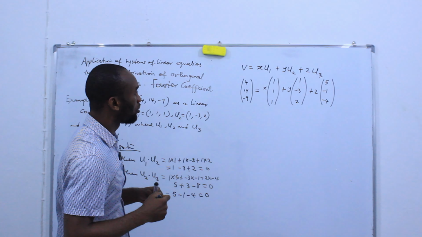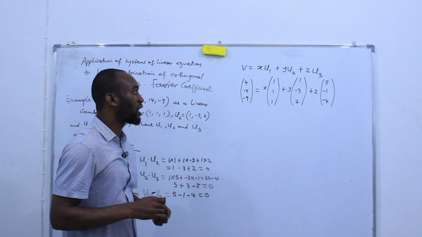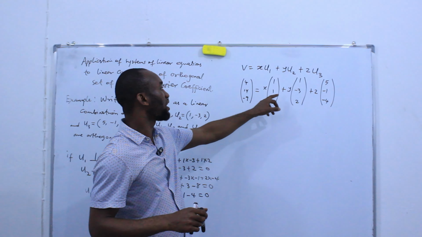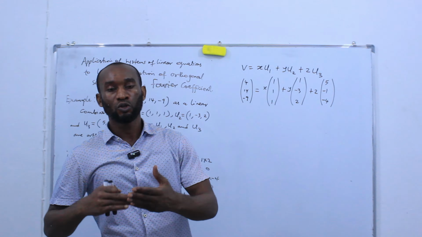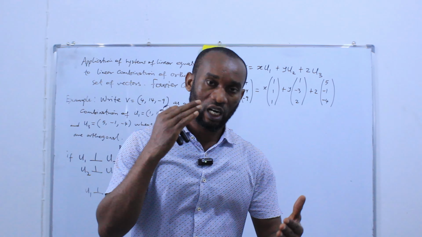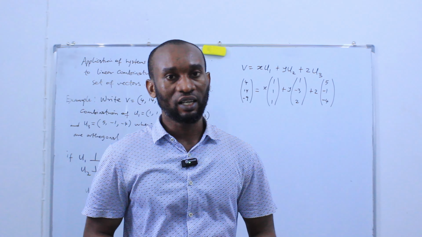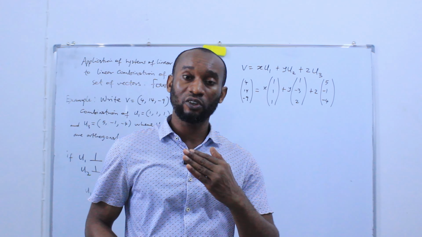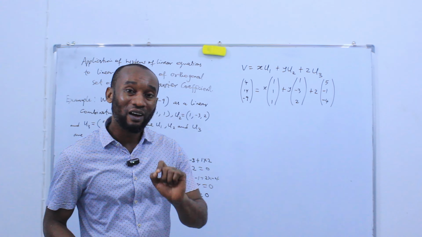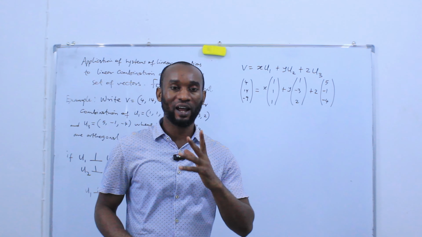Right now, our work is to find the values of x, y, z. I'm not going to solve it using the Gaussian elimination method. If we still solve it using the Gaussian elimination method, we will still arrive at the right answer.